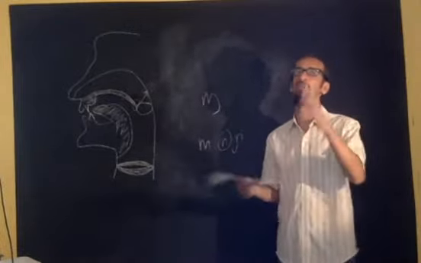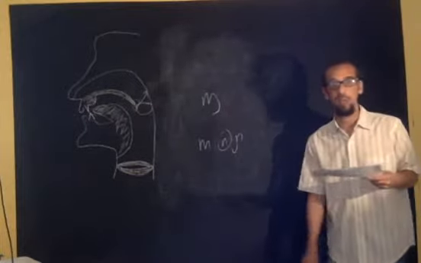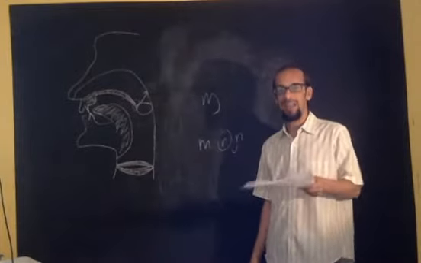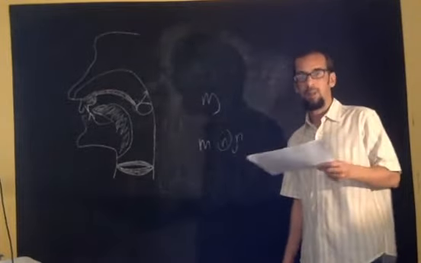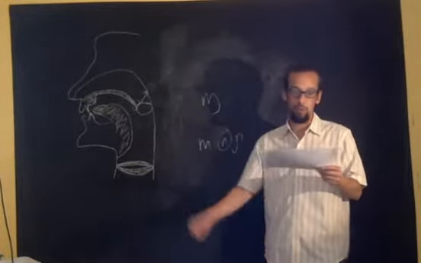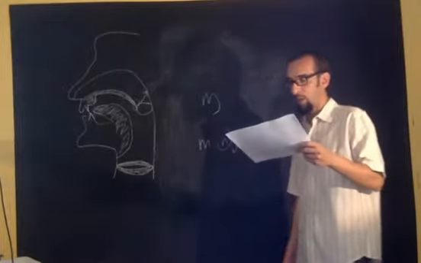Maybe not all frequencies, but a range of frequencies. We'll see what this looks like when we talk about acoustics next week. What a fricative ends up sounding like depends on how fast the airstream is, or how fast the pressure fluctuation is, as well as the location of that constriction in the mouth.